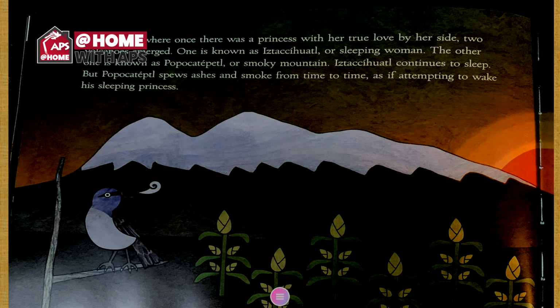One is known as Itzaccíhuatl, or Sleeping Woman. The other one is known as Popocatépetl, or Smoky Mountain. Itzaccíhuatl continues to sleep, but Popocatépetl spews ashes and smoke from time to time, as if attempting to wake his sleeping princess.